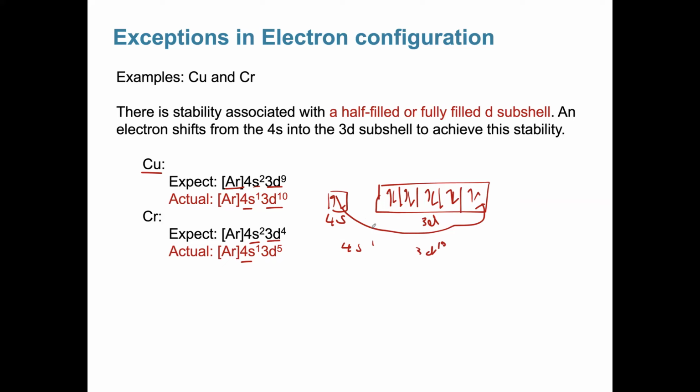This is why an electron from 4s jumps to 3d to get lower energy. Copper and chromium are the two exceptions you should know that follow the half-filled or fully filled d subshell, which are exceptions to the Aufbau principle.